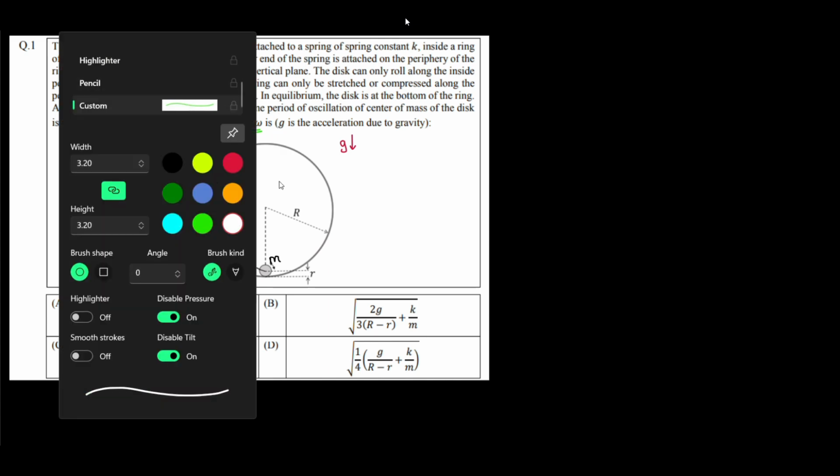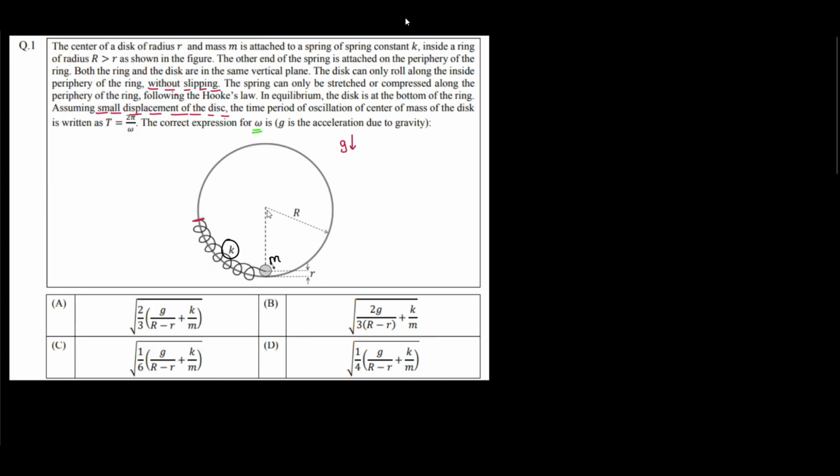So let's start by writing the forces that will act on the disk when it is displaced. Let me draw a displaced instant of the disk. For visual representation, I'm taking the displacement as big, but we must keep in mind that this theta by which it is displaced is small.